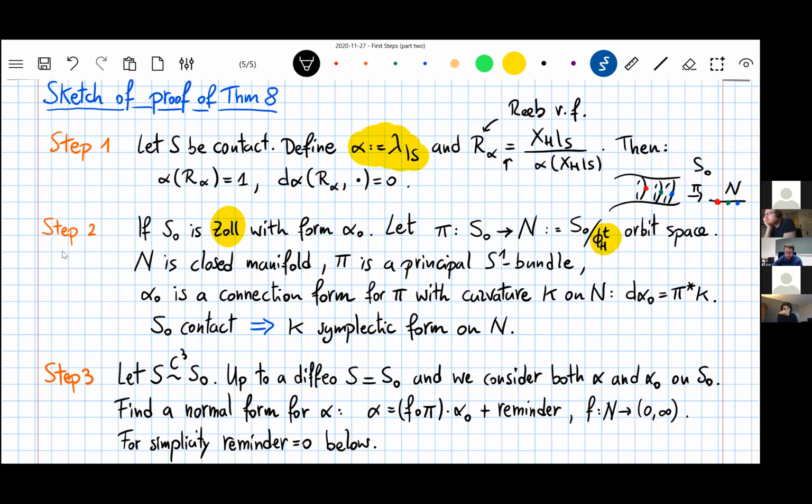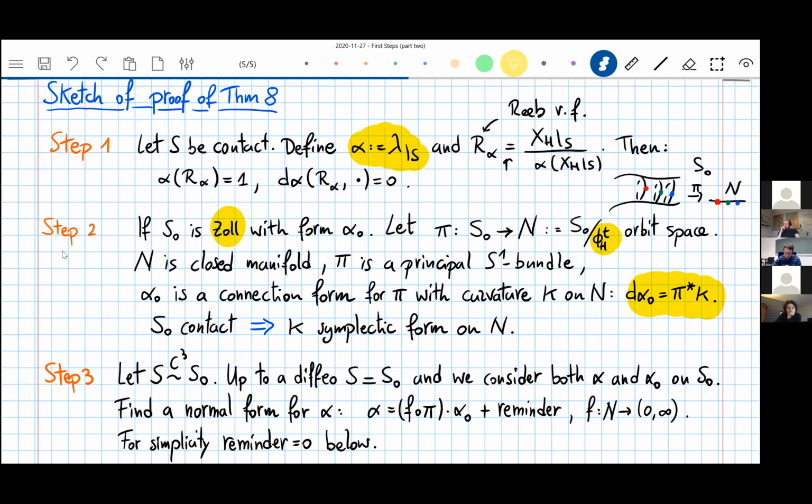And then actually this alpha_0 one-form is a connection form for this S1 bundle, if you know something about the theory of connections on principal bundles. And when you have a connection, you also have a notion of curvature, which in this case is defined by exactly this equation. So there exists some two-form kappa on the base such that the pullback upstairs is exactly d alpha_0. And then the fact that S_0 is contact means that kappa is a symplectic form on this base manifold N.